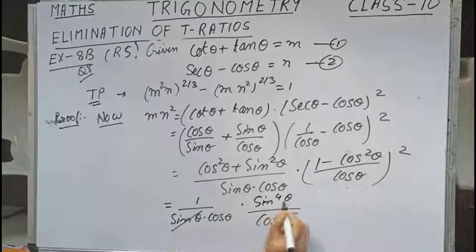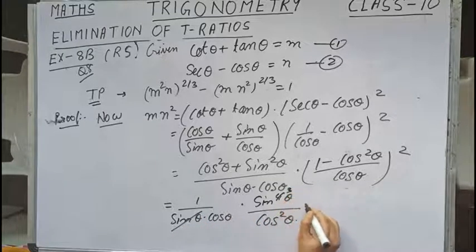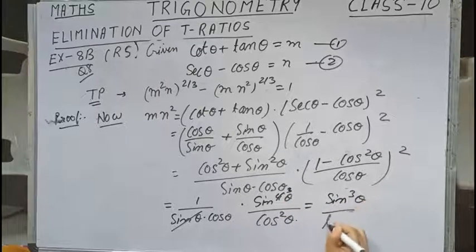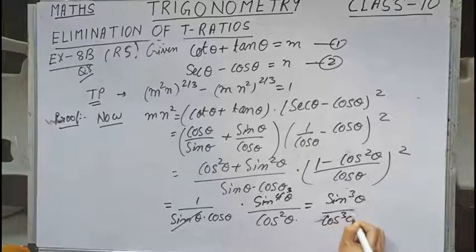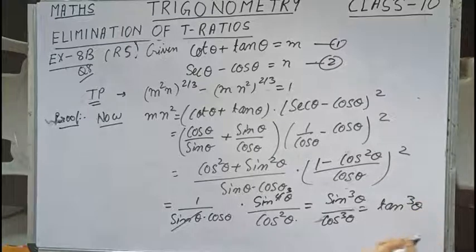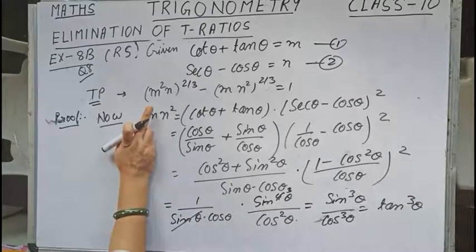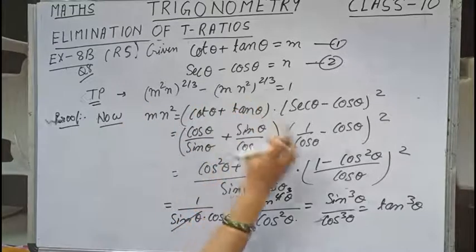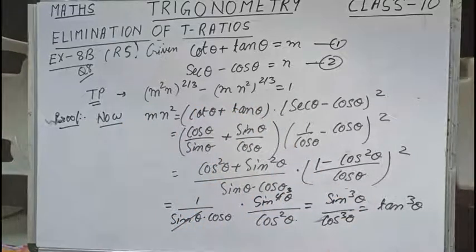Now this sin theta and this sin power 4 theta, means sin theta is cancelled, and we are getting sin cube theta by cos cube theta, which is equal to tan cube theta. So children, we are getting value of m square n as sec cube theta and mn square as tan cube theta.